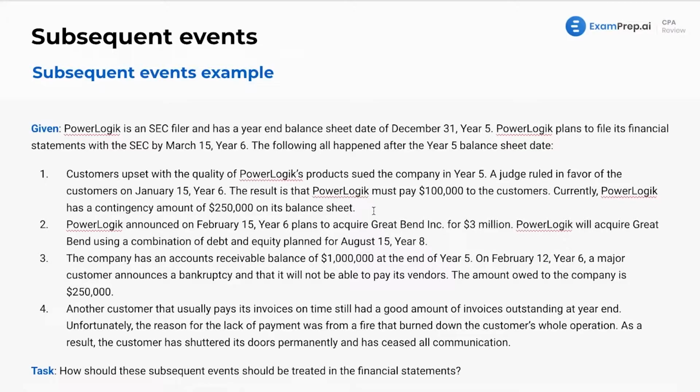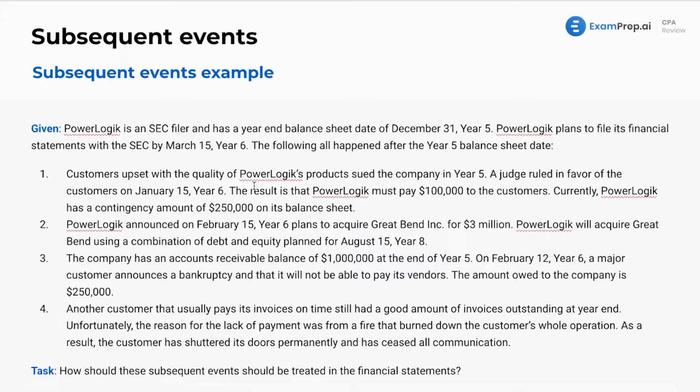All right, so because this instance dealt with something in year 5, and our financial statement date is year 5, so our period is year 5, this one we're actually going to have to record. And if this was dealing with a lawsuit in year 6, it would not be recorded, simply just disclosed.